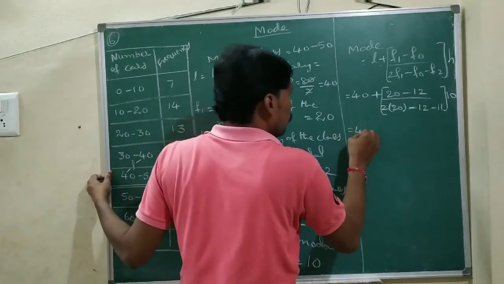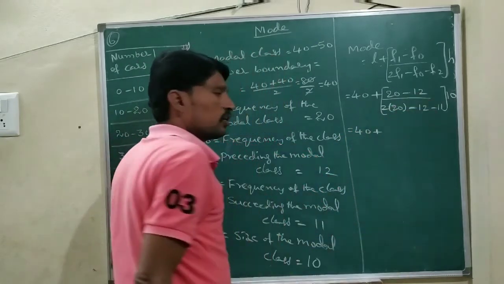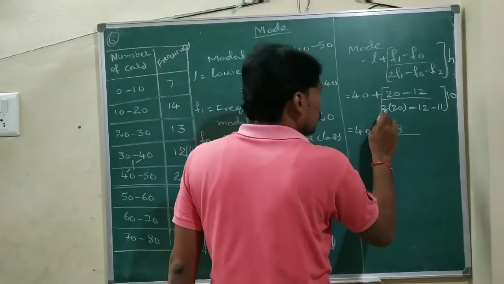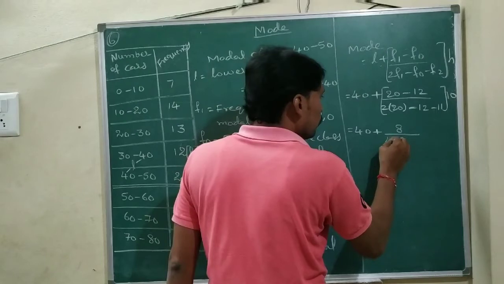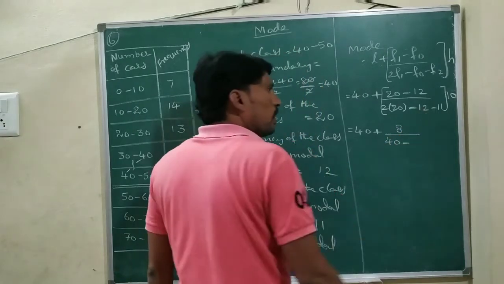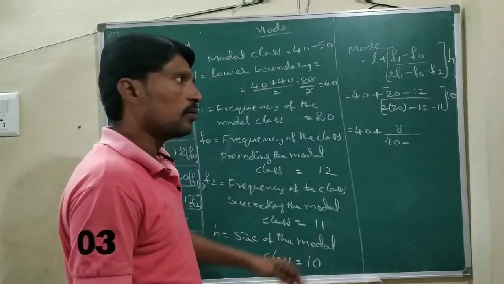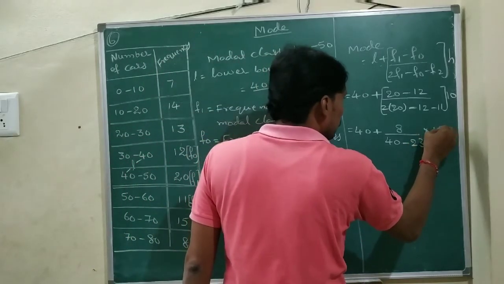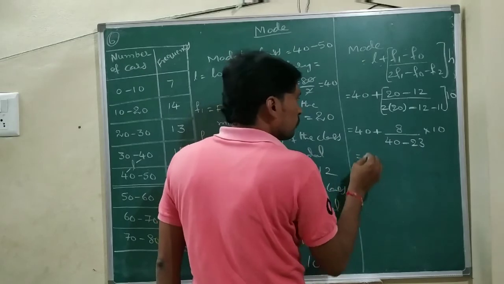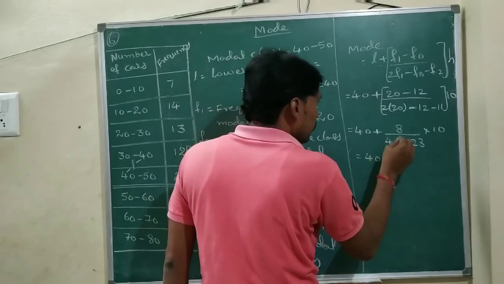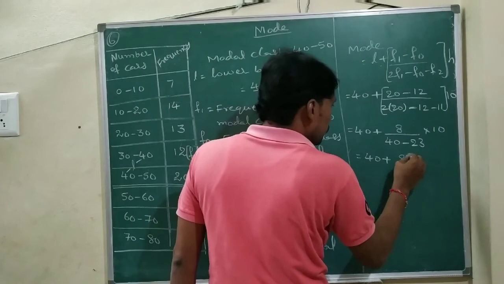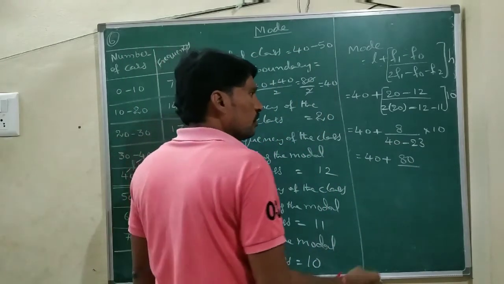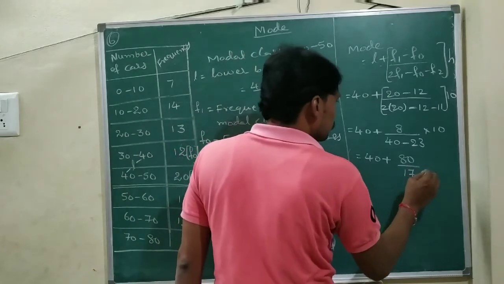That equals 40 plus 20 minus 12, which is 8, by 2 into 20, which is 40, minus 12 minus 11. Both are minus, so we add: minus 23, into 10 as it is. That equals 40 plus 8 into 10, which is 80, by 40 minus 23. 40 minus 23 is 17.